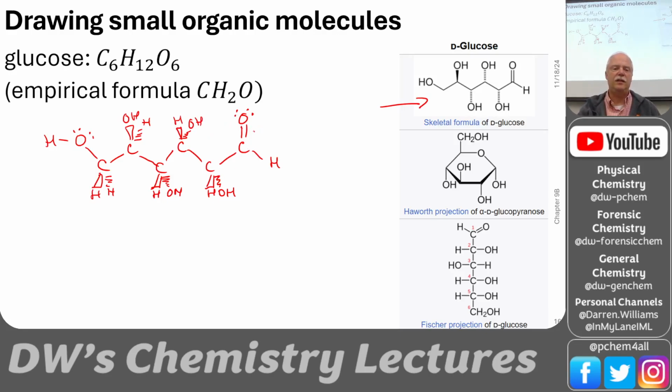Let's see, what's this angle right here? 120, excellent, 120. And let's pick one over here. What is this angle right here? 109.5, good. So that's glucose, C6H12O6.